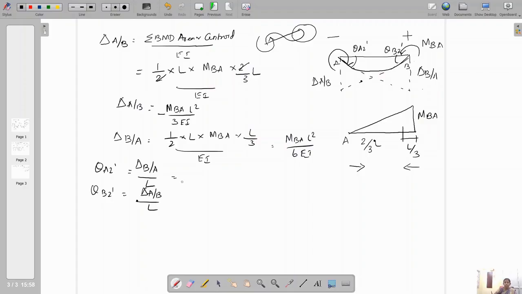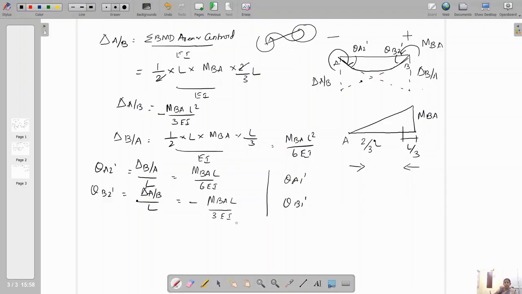So from the available values, delta B by A divided by L gives MBA L by 6EI, and for this one we put minus, MBA L by 3EI. So we got four answers: theta A2 dash, theta B2 dash, theta A1 dash and theta B1 dash.